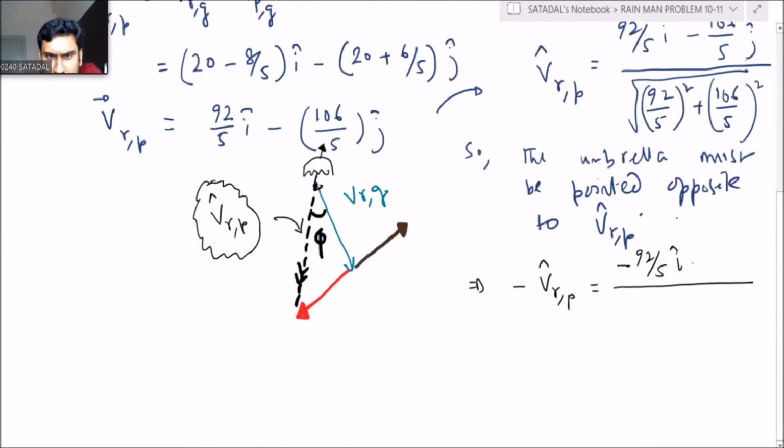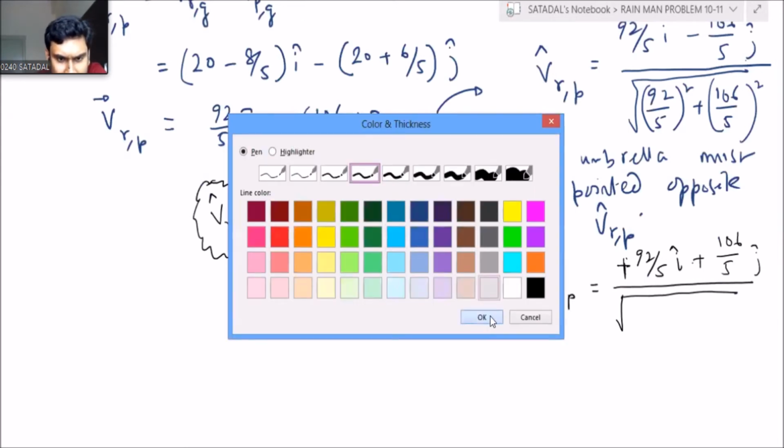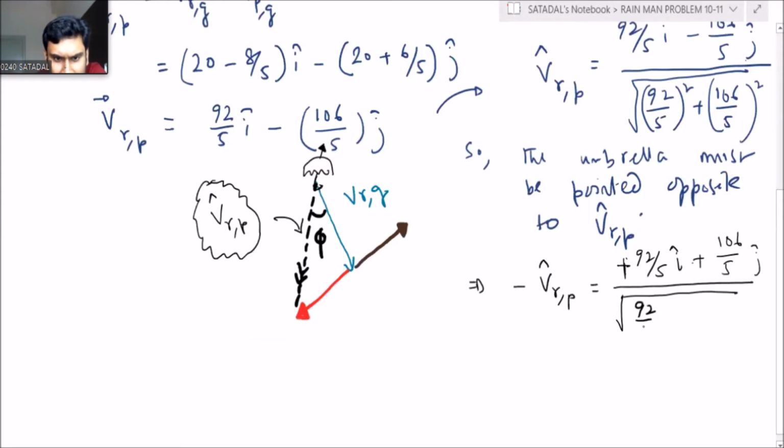Opposite means if it is opposite, then this is coming plus only. So plus 106 by 5 j cap divided by root under of 92 by 5 whole square plus 106 by 5 whole square.